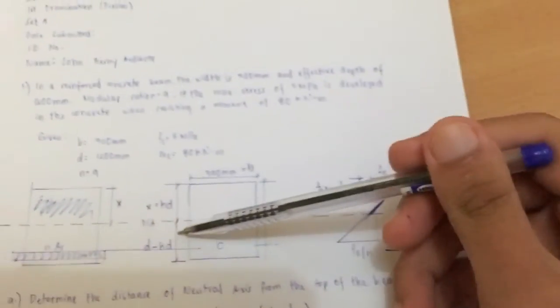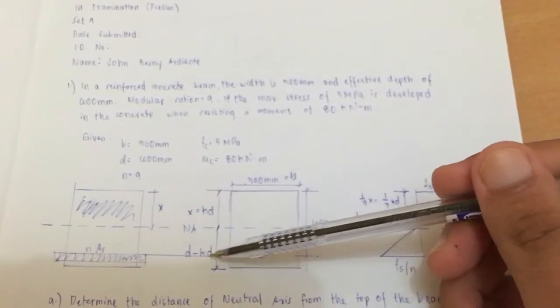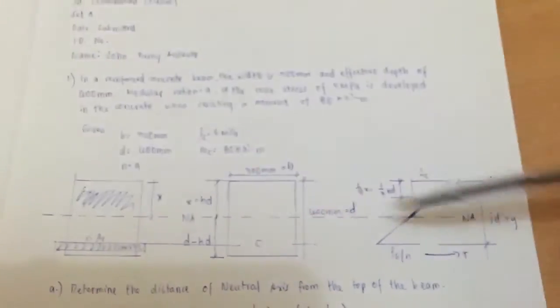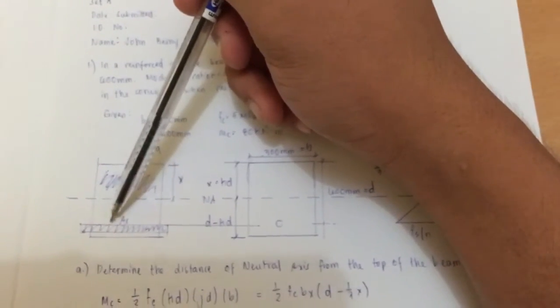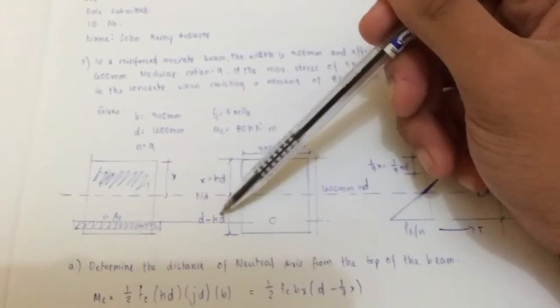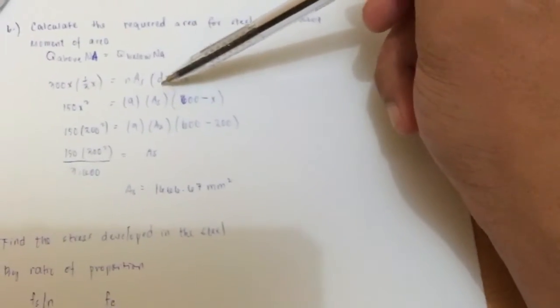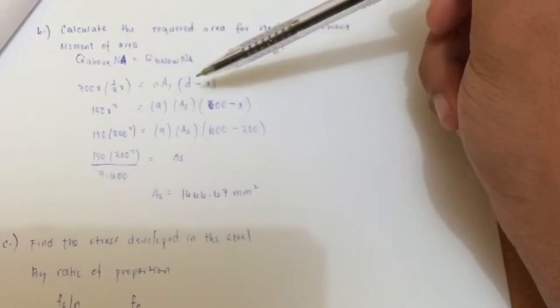This is actually d minus x, where kd is just equal to x. So by moment, it is the modular ratio n times the area of the steel times the perpendicular distance, which is d minus x. So that's how the equations look for getting the moment of area, both above and below.